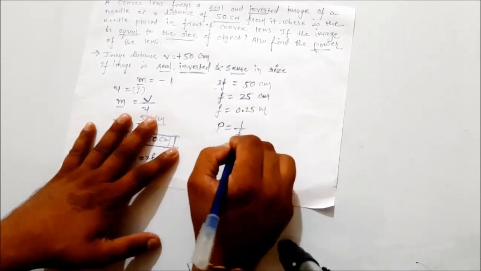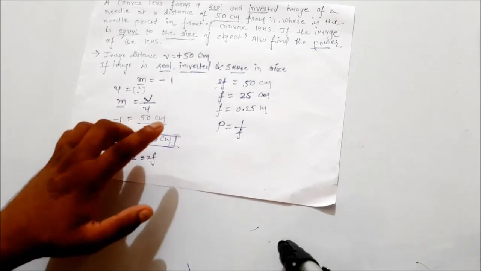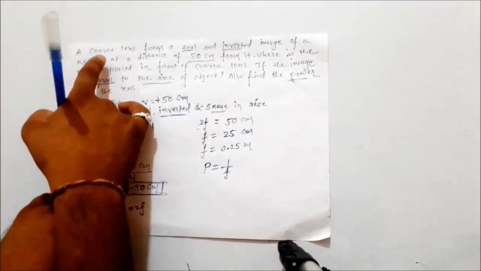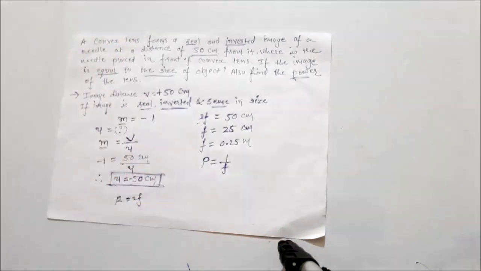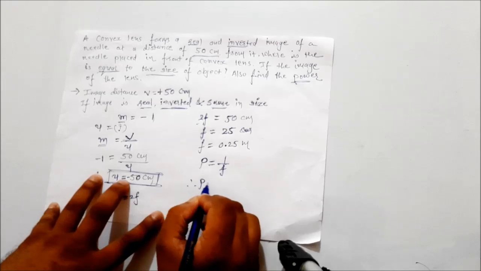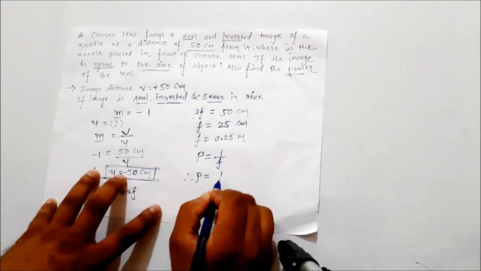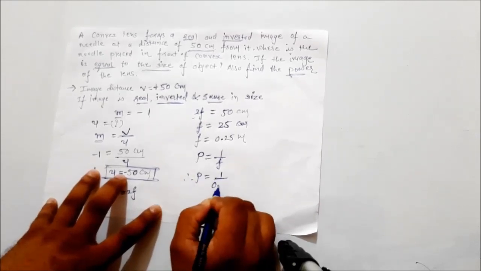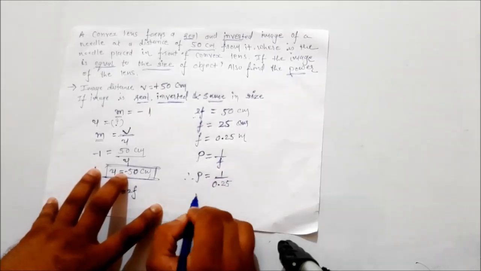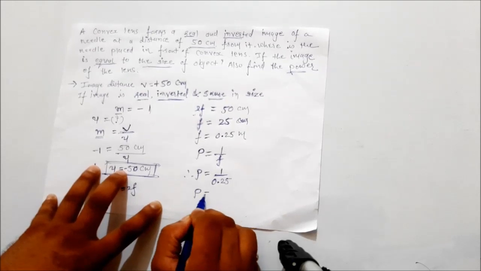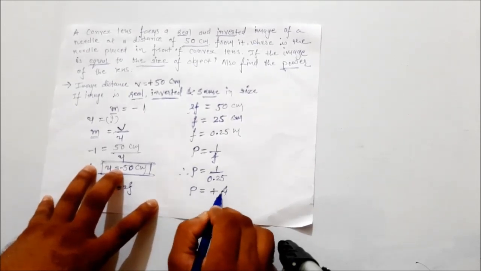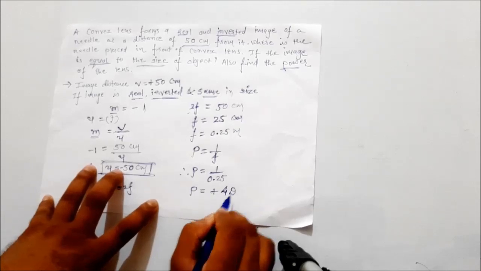Here f will be positive because we have a convex lens. As we have convex lens, f will be positive. That's why P is equal to 1 upon 0.25. Here we will calculate and we will get power P is equal to positive 4 diopter. So simple.